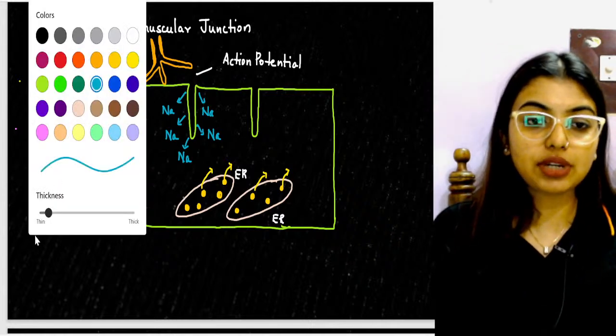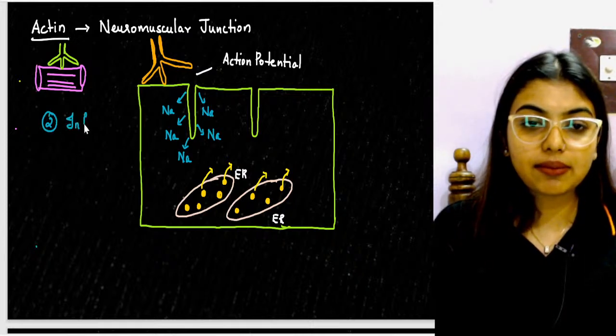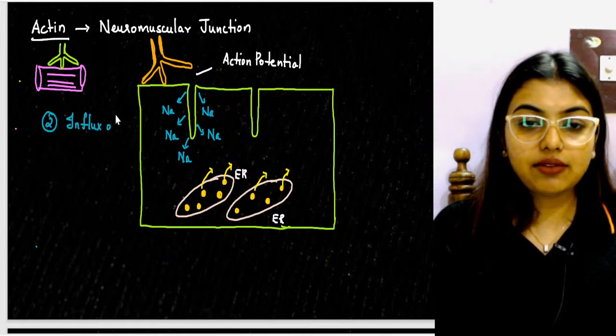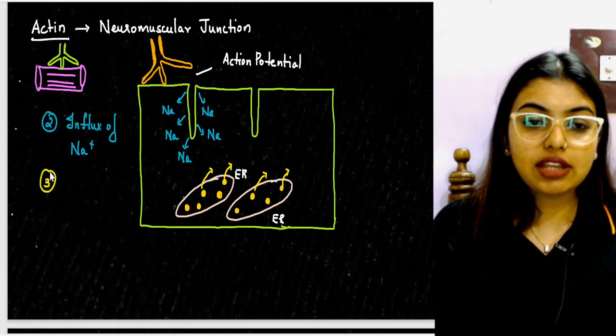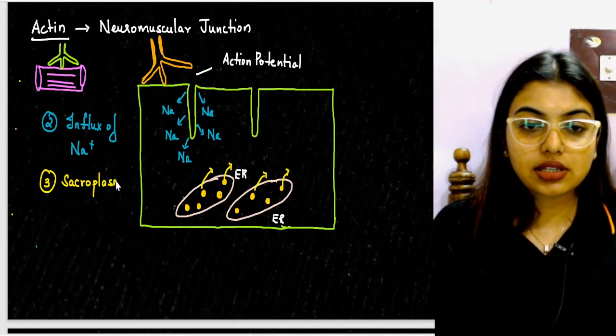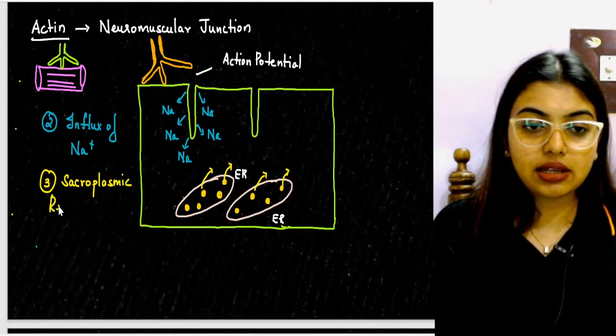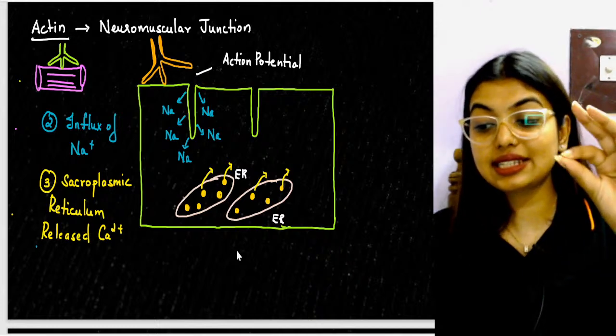Because of the action potential, the second step was influx of sodium ions. Third step was, because of the influx of sodium ions, the sarcoplasmic reticulum released calcium ions.